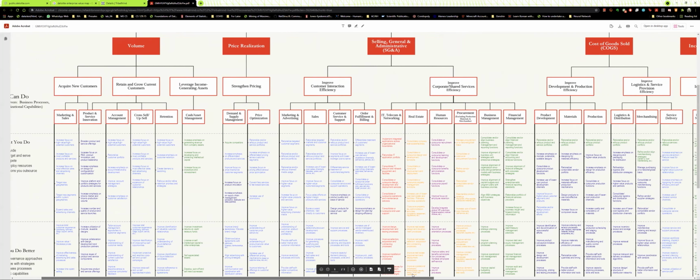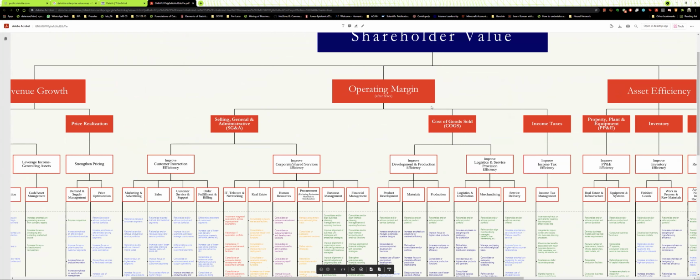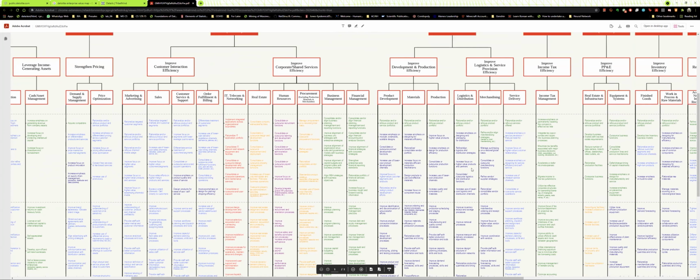Let's say from the costs perspective, operating margin, we could be looking at the costs of goods sold, improving the development, production efficiency, and logistics efficiency, or it could be internal costs like selling and general and admin costs. So information systems could come in when there's a need to automate some processes for efficiency.